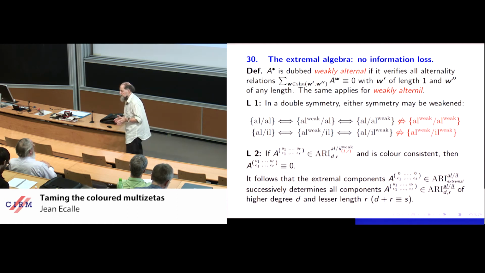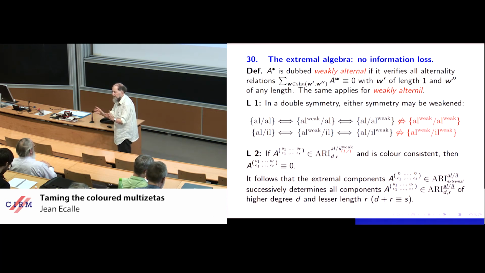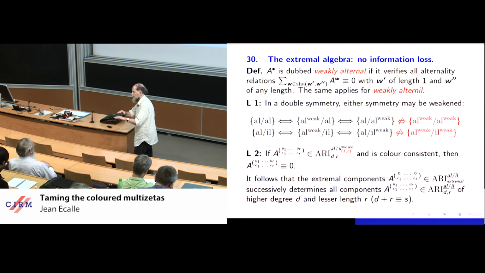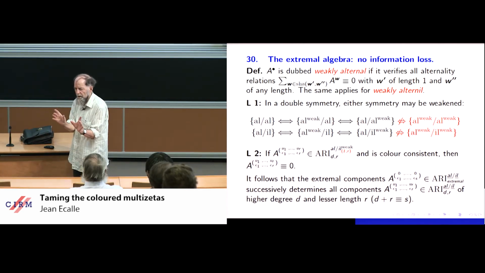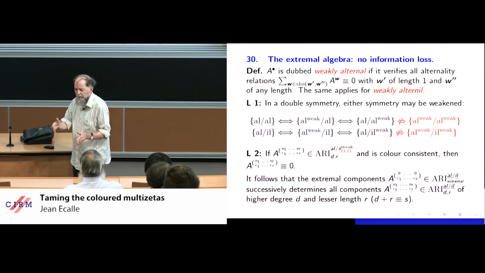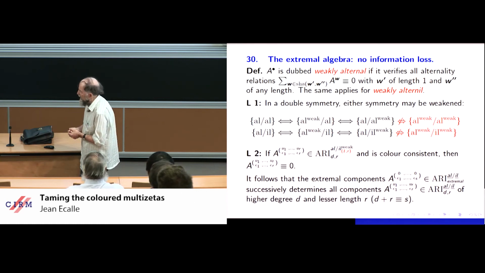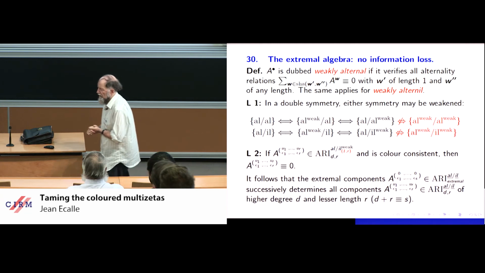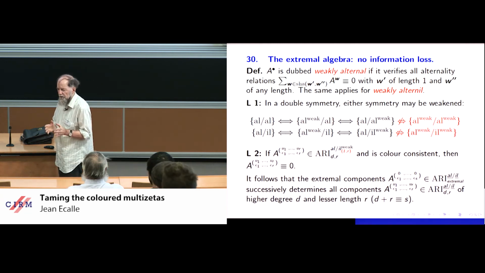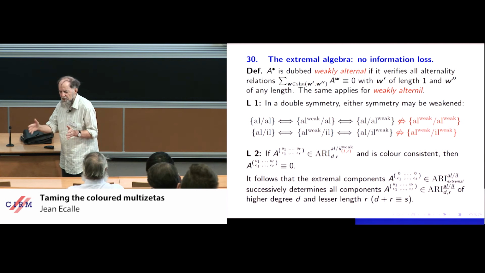When you have a simple symmetry, alternal, it implies certain identities with respect to the shufflings of partial sequences of lengths R1 and R2, R1 plus R2 equal R. But the weak alternality means that you consider only the shuffles of sequences of length 1 and of length R minus 1.